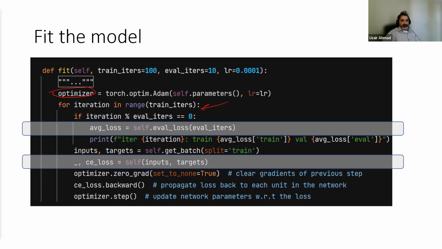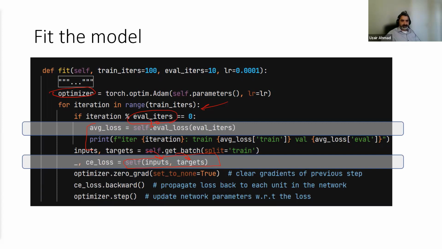Whenever we have completed eval iterations, which may be 10 or 20, when 10 training iterations are done, we will do something for evaluation. I will explain in a moment. Otherwise, for every iteration, we are going to input our inputs and targets to our network.